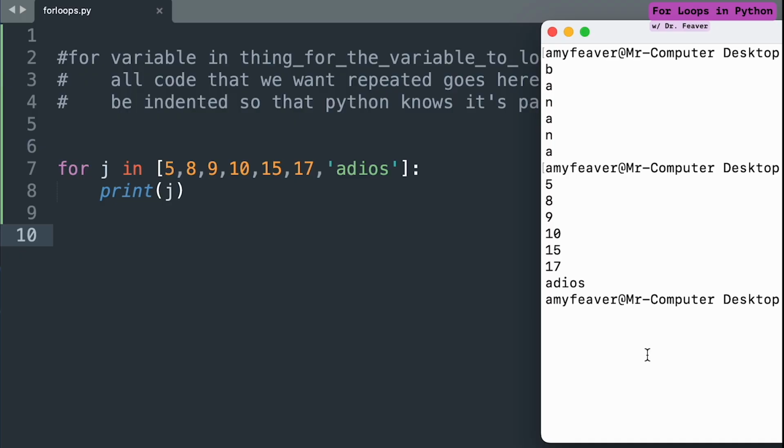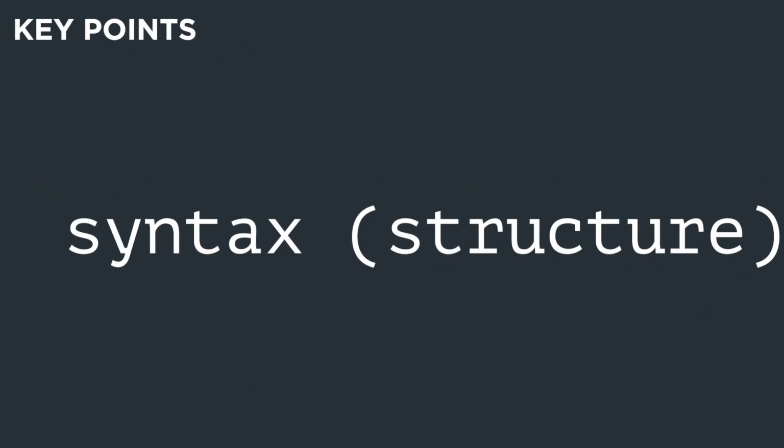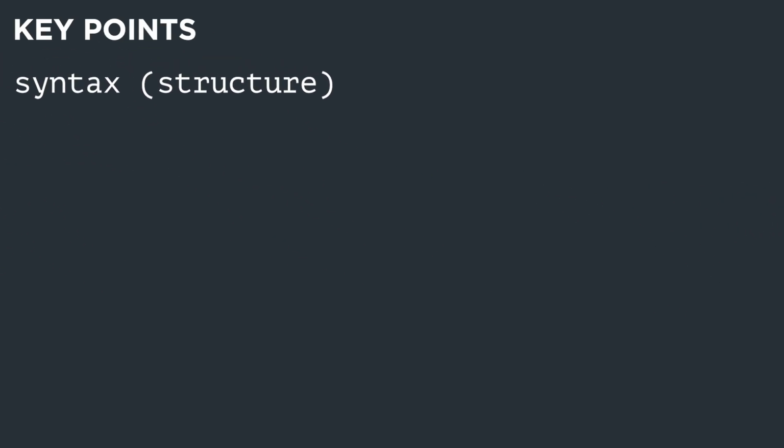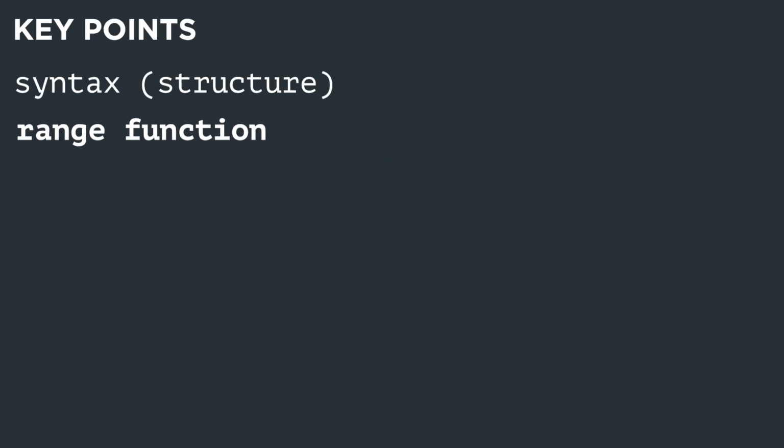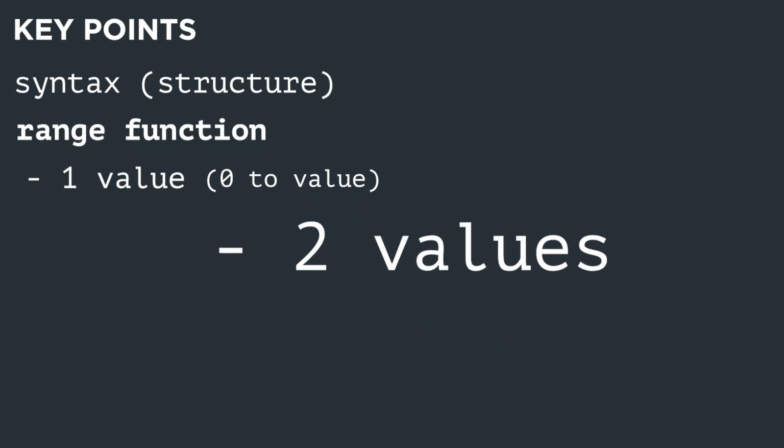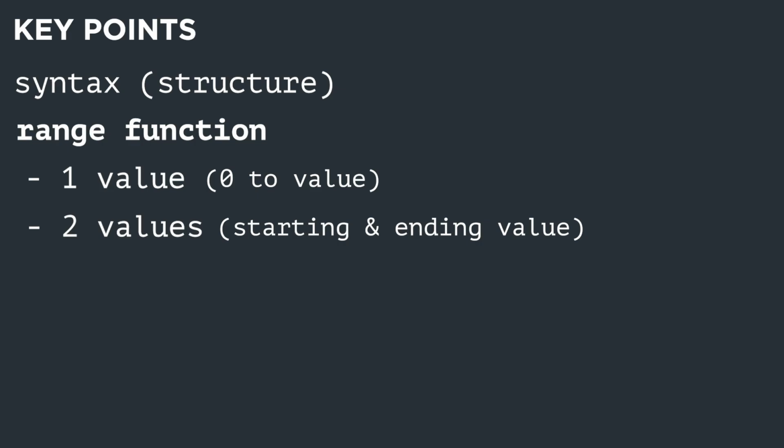And to recap, I just want to remind you that we went through the syntax for the for loop, so how the for loop is structured. We did the for loop going through the range function, which will take a range of values, and we can either just specify one value and it'll just go 0 to that value. We can specify 2 values, a starting and an ending value.